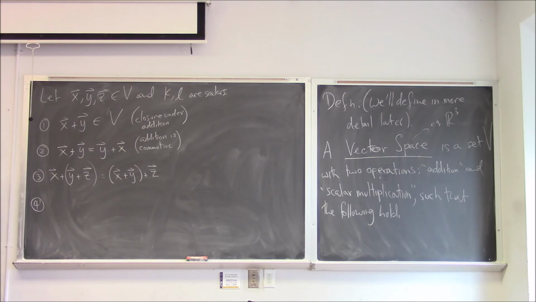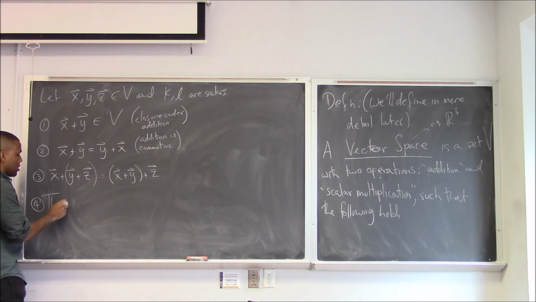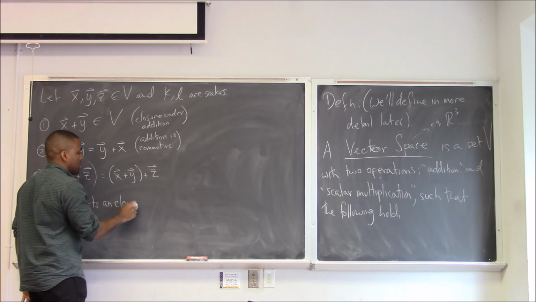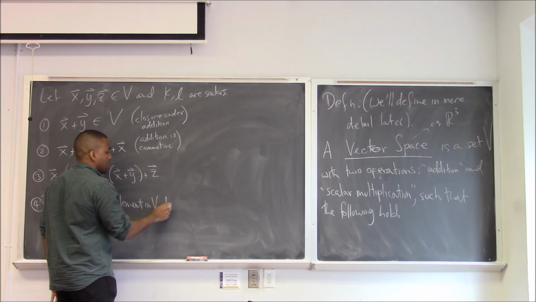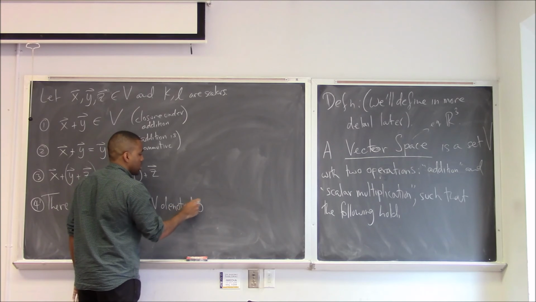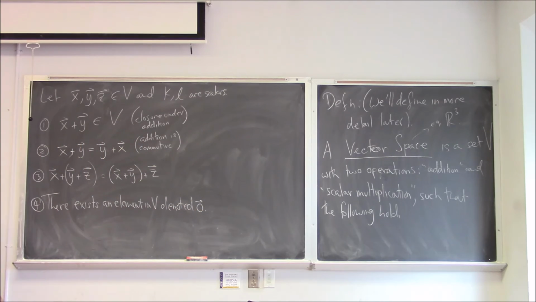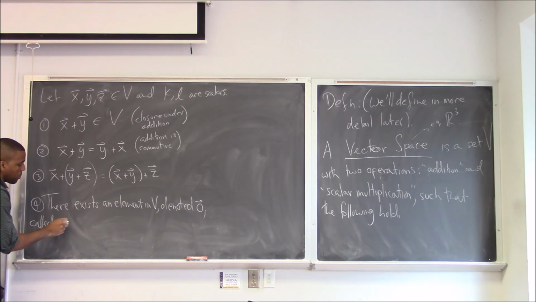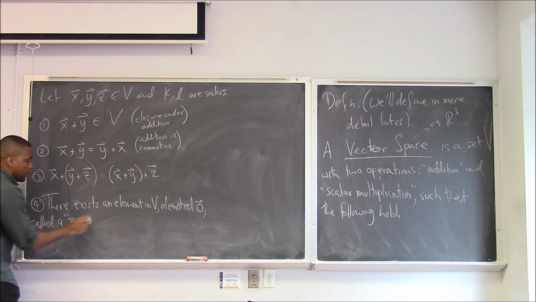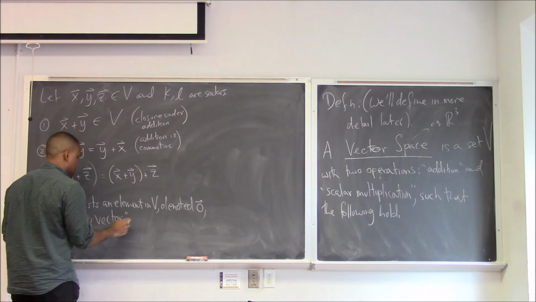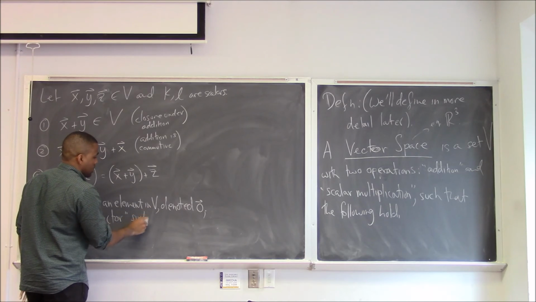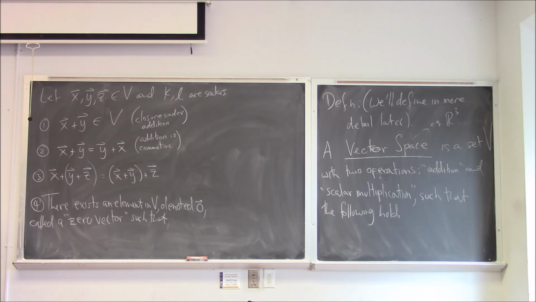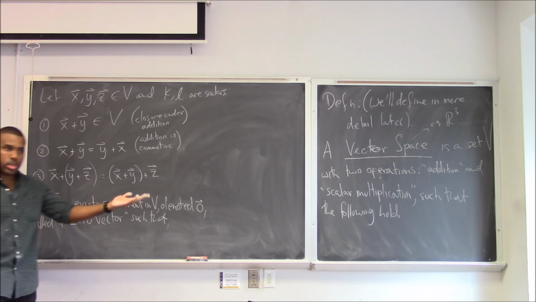4. There exists an element in V denoted by this symbol, which we call the 0 vector, such that the definition is not going to be the guy that has zeros in all the components, even though in R3 that's your example.